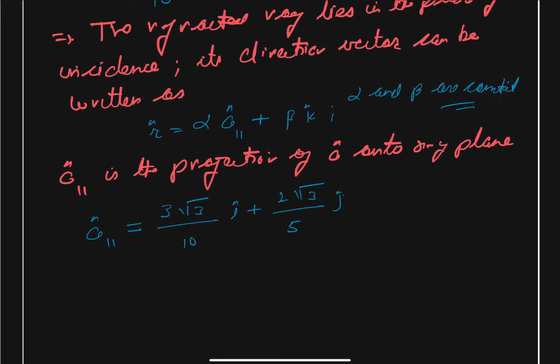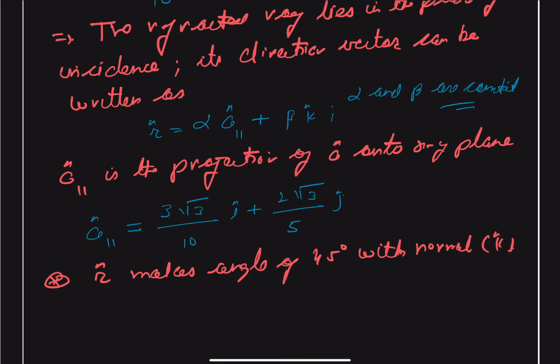The R unit vector makes an angle of 45 degree with the normal, that is our k unit vector.